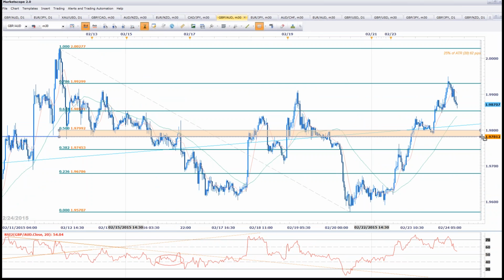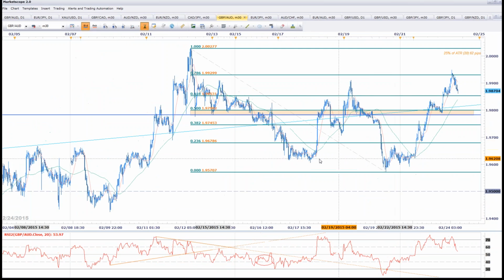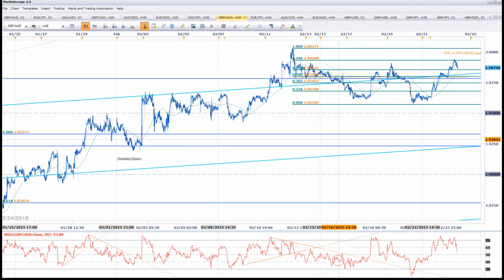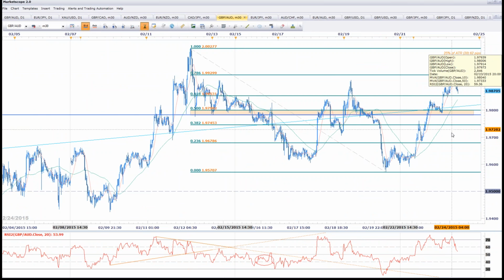Key area of support. And again, there's that upper median line parallel. You can see we've still been pivoting over it. Support, support, break, pivot, pivot, break, support, move off.